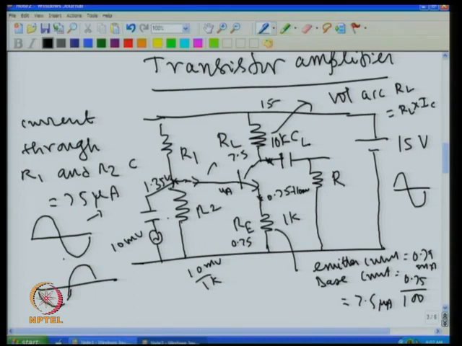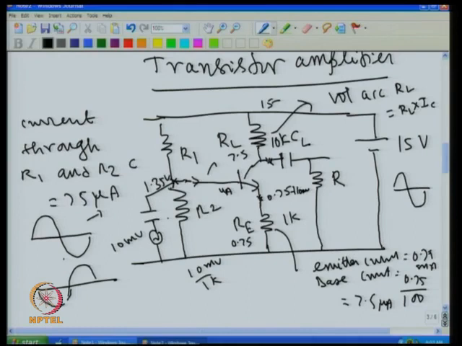That selection of the two resistances depends upon the voltage that I have to keep here. If I have to fix this voltage, then I have to fix this voltage, because I know this and this differ by only 0.6. So to fix these resistors, first I fix the voltage at this point. The voltage at this point is invariably fixed at half the supply voltage. If it is 15, I will fix it at 7.5.